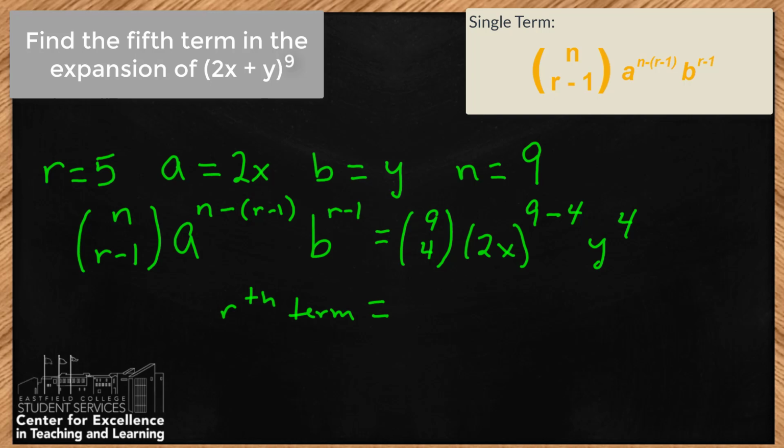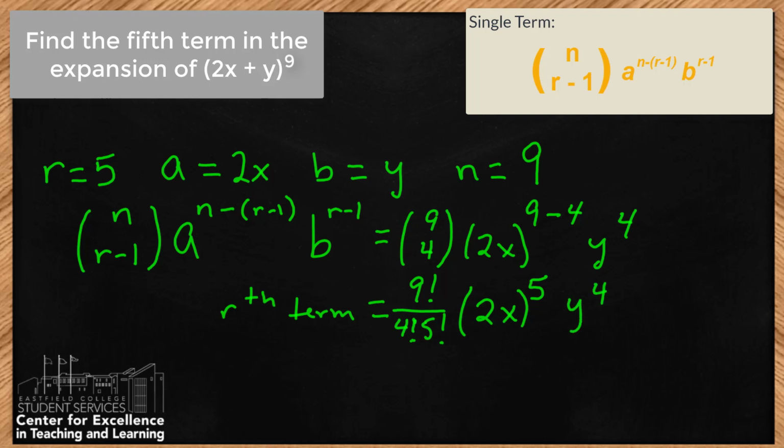The formula would be 9 factorial over 4 factorial times 5 factorial. Or there's a function on the calculator that would work that for you. And then we have (2x) to the 9 minus 4, and 9 minus 4 is 5, so (2x) to the 5th. And then we've got y to the 4.